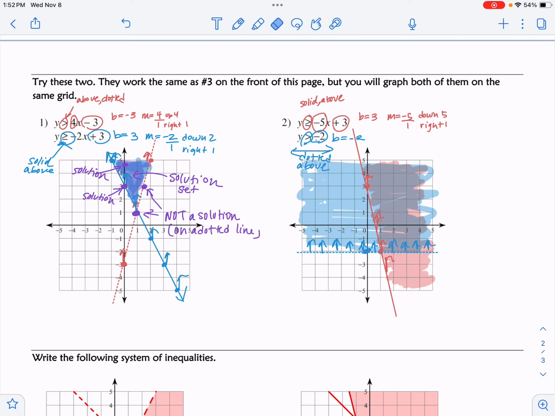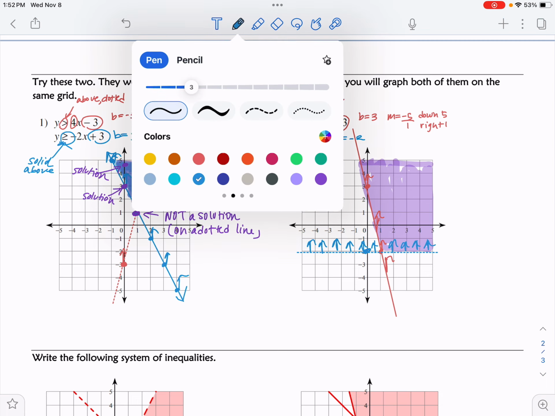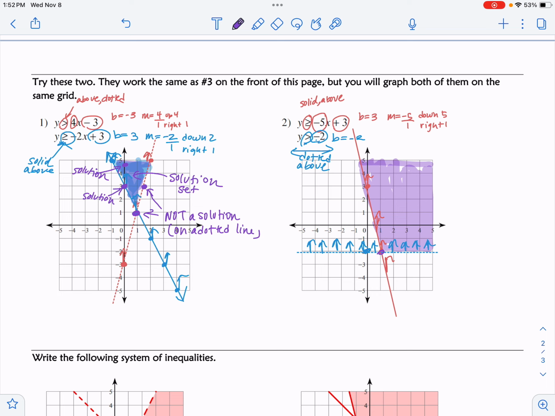And so I like to get rid of all of it except for the overlap, which would be just this part, right here. And so if the question asks, is (1, -2) a solution, we would say no. It's on a dotted line.